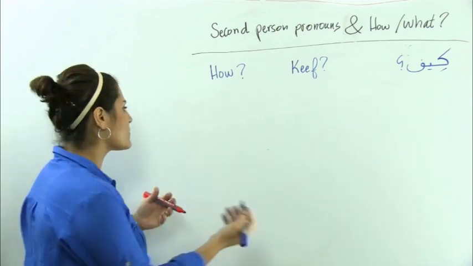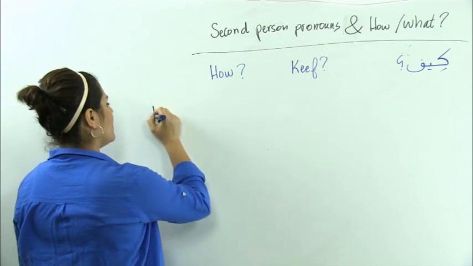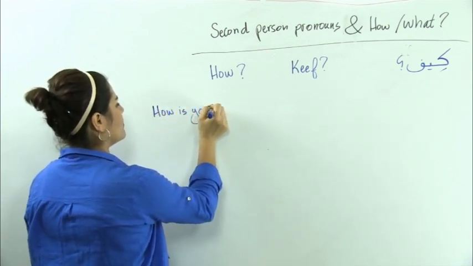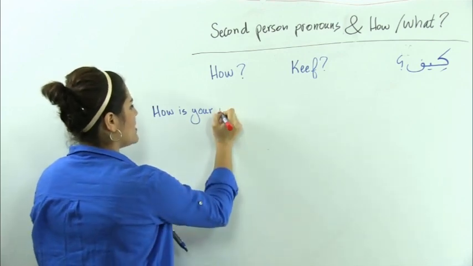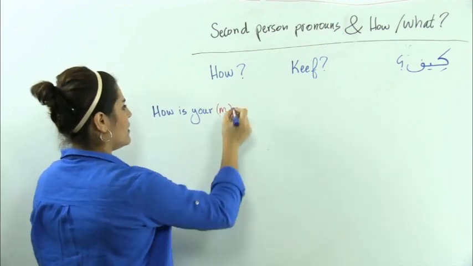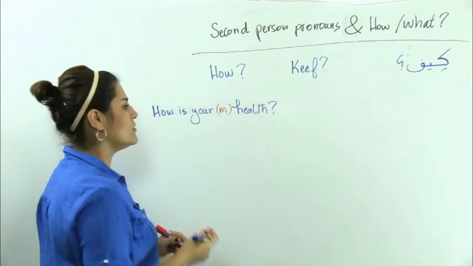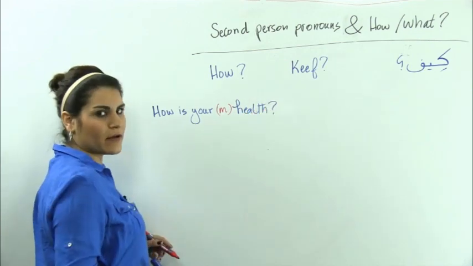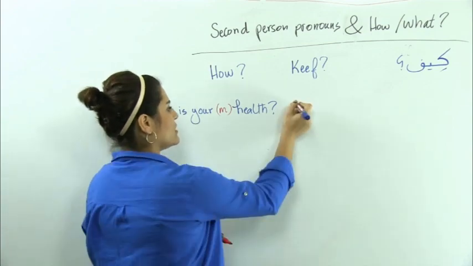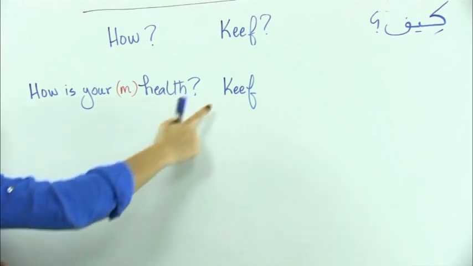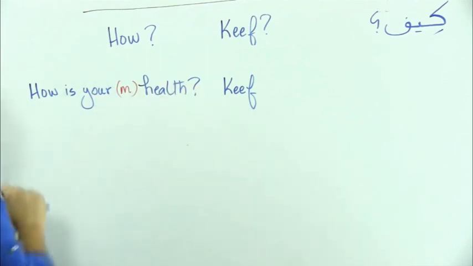Now we move from how are you directly to how is your health. So we're going to use the question how. How is your health, talking to a man, masculine. In order to say this in Arabic, we say the question كيف by itself, and then your health together.